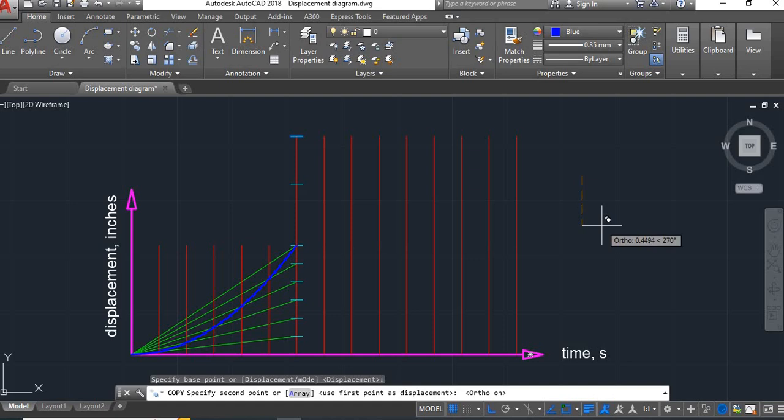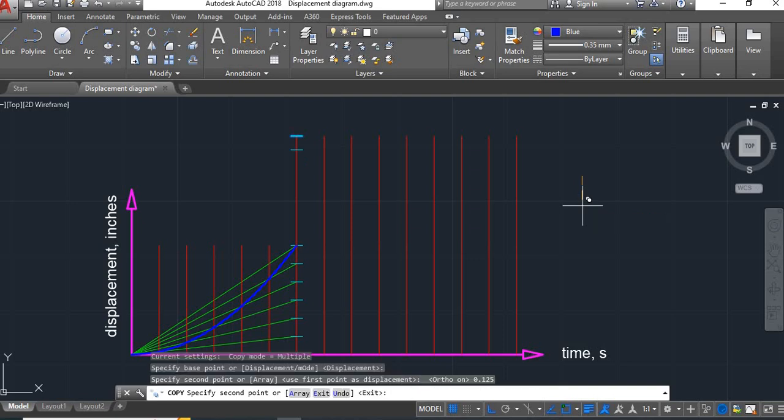We have to divide 1 inch into 8, that is equal to 0.125 inch. So we copy 0.125, 0.25, until we complete the 8 cyan lines.